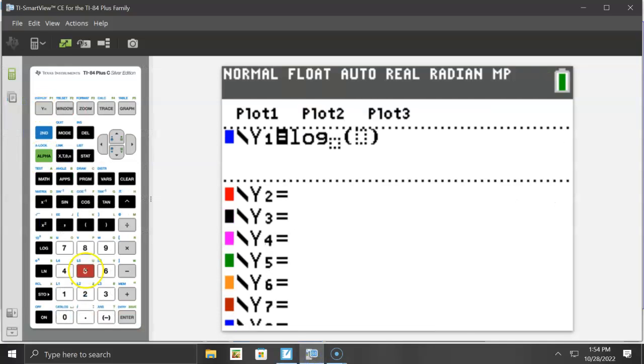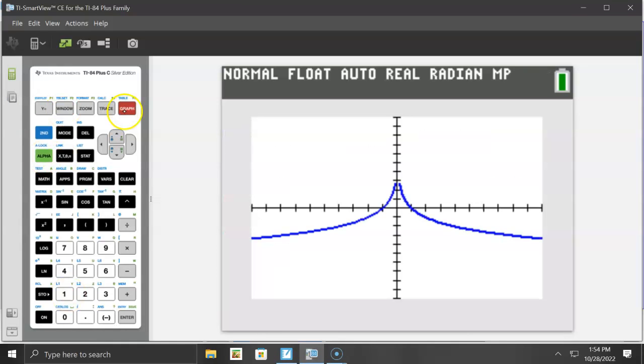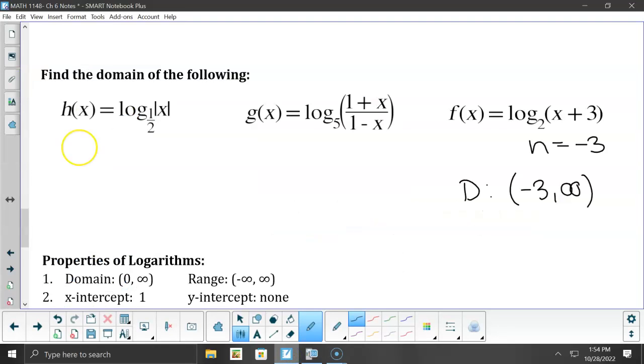Alpha window number 1. Yep, alpha window. There's no 0. All right, 0. I cannot take the logarithm of a 0. Negative 1 is out because it's absolute value. Yep. This one would just be x such that x does not equal.